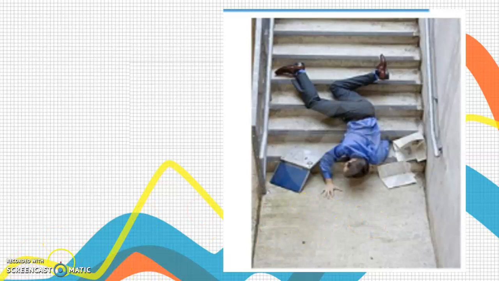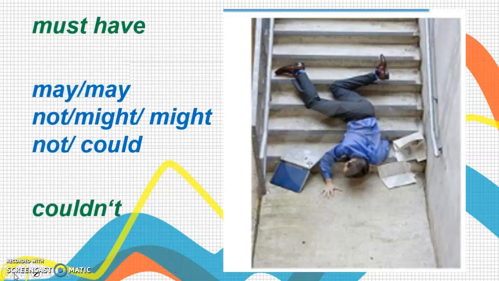Well, now here we have a picture. Please infer, deduce. What happened? You can use the modal verbs must have, may not have, might not have, could have, or couldn't have. Here as well, please deduce what happened.